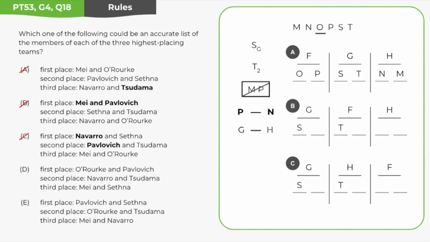Since S must be on the team from G, it tells us that S cannot be third. So combining the first and last rules allows us to figure out that S cannot be on the third place team, and in answer choice D, S is on the third place team. So we can get rid of D, and that allows us to choose E with confidence.